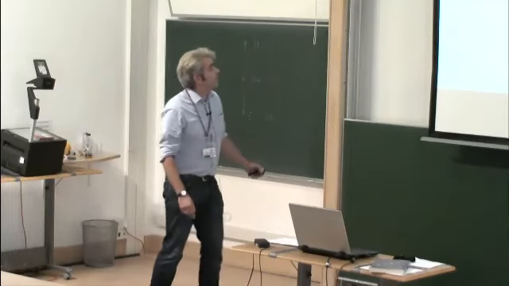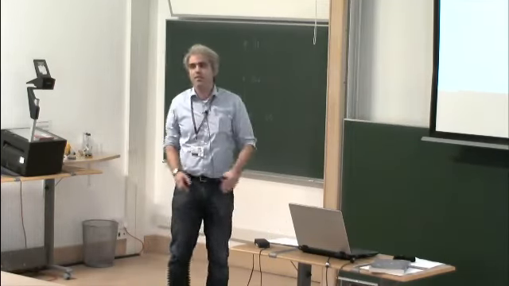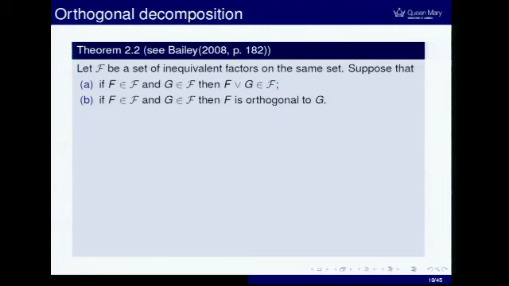If we have again a set of inequivalent factors, that may be on the set of treatments, or it may be a set on the set of plots. We suppose that whenever two factors are in our set of factors, then the supremum is as well, and that any two factors in curly F are orthogonal to each other in the sense of the definition we have just seen.